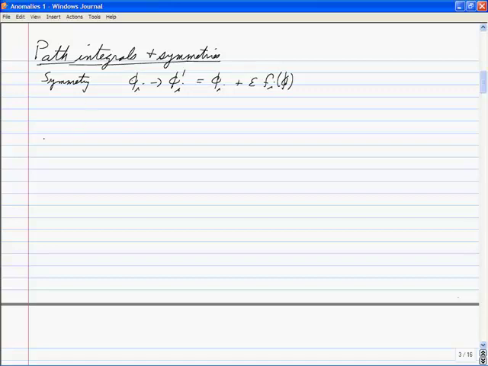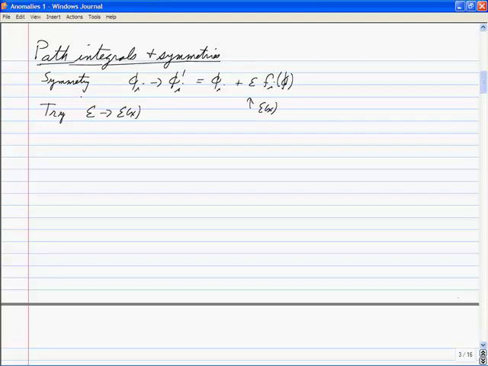Then, if that's a symmetry, the way you get Noether's theorem the typical way is you let epsilon go to epsilon of x. So this now turns into some epsilon of x.